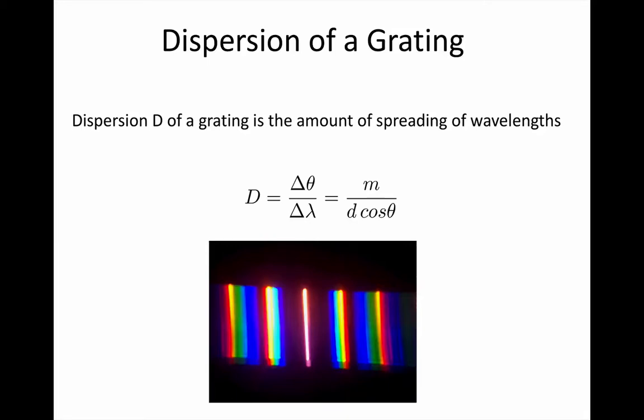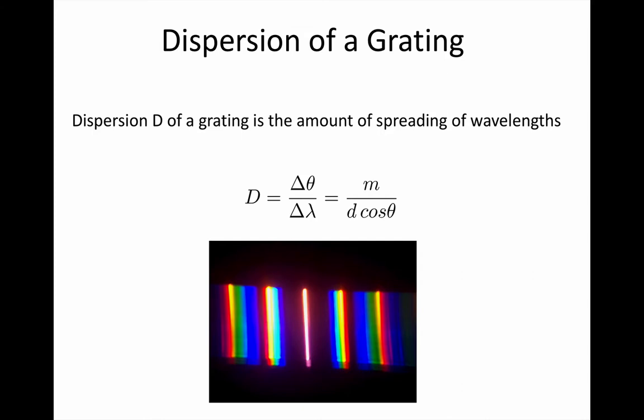Now, to be useful in distinguishing wavelengths that are very close to each other, a grating must spread apart the diffraction lines for the various wavelengths. The amount of spreading is called the dispersion of the grating, and we give it the symbol capital D. The greater D is, the greater the distance between two emission lines whose wavelengths differ by delta lambda.